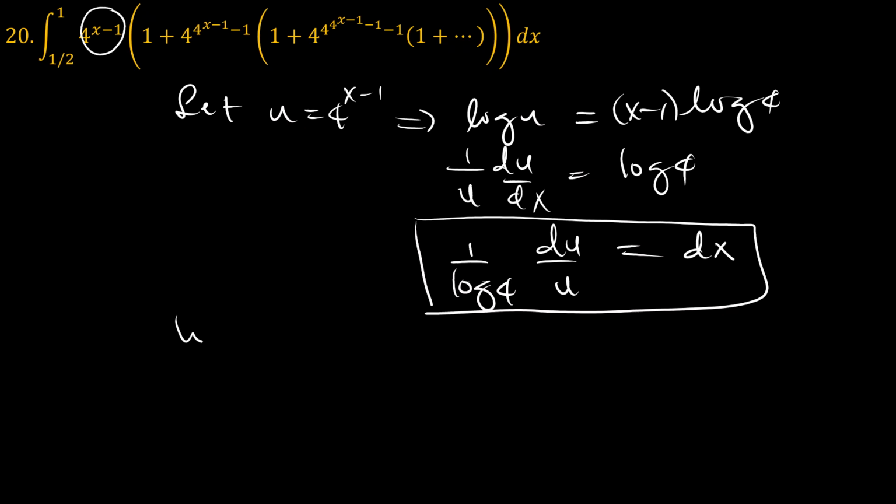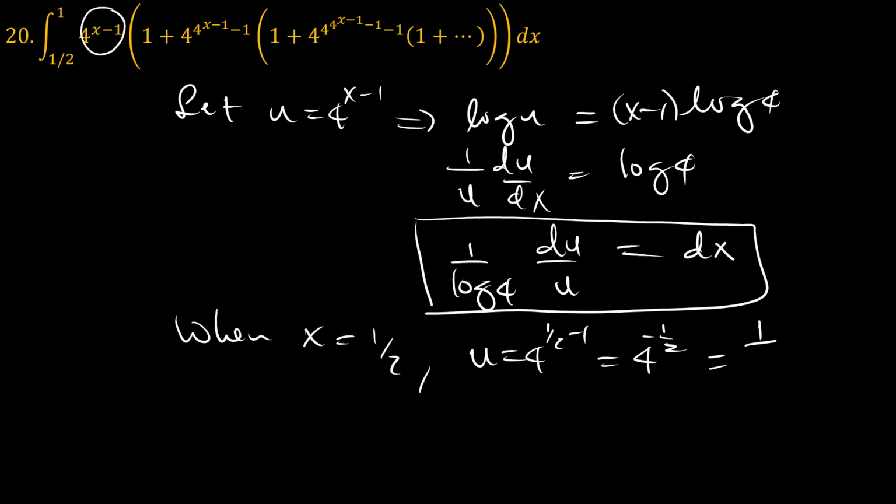Next, when x equals a half, that means that u equals 4 to the half minus 1, which is 4 to the negative a half, which is 1 over the square root of 4, which is a half.